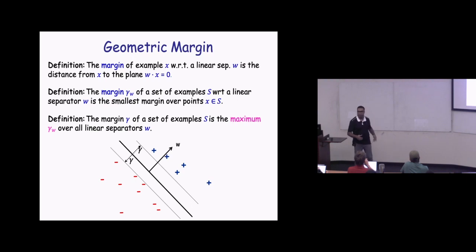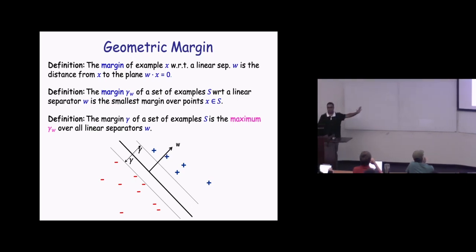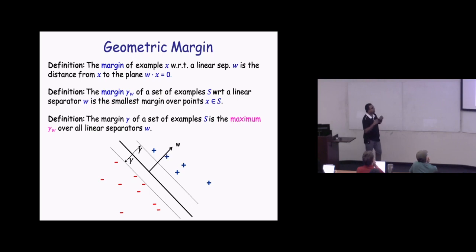So we know all these definitions, and we will be using them again. Our definition of margin still remains the same. The gamma for a set of examples S is the maximum gamma W over all the linear separators. So we are basically looking for a W that maximizes gamma. That's our definition.